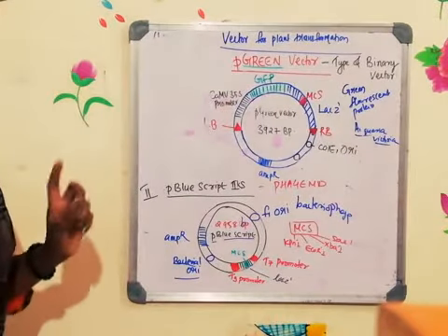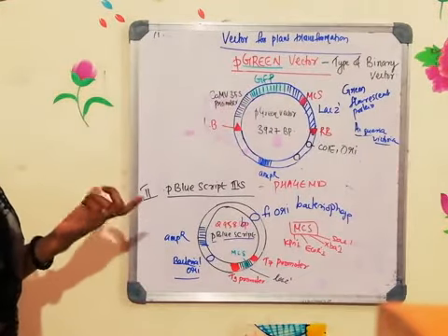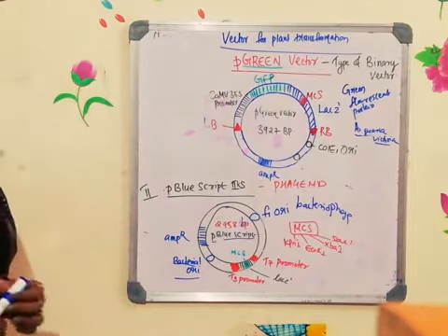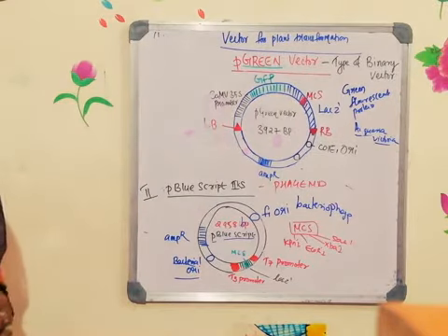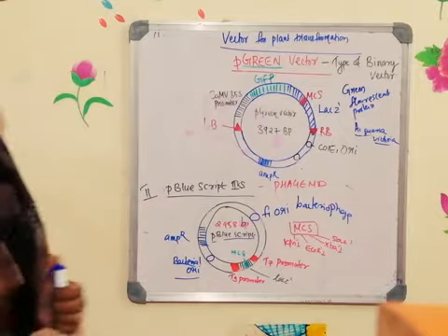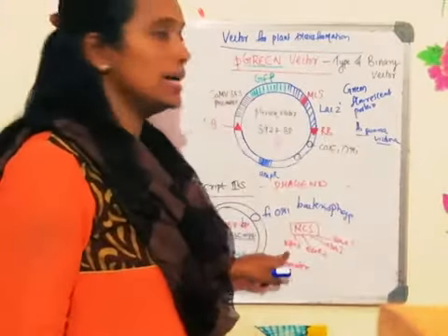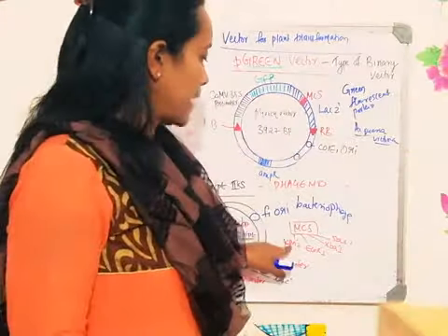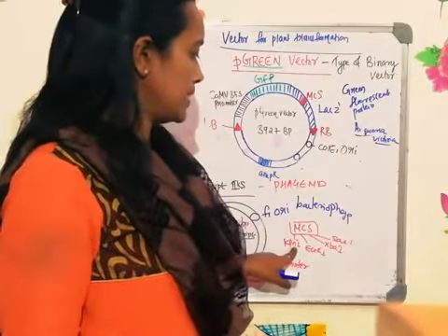KpnI is a restriction enzyme which is isolated from the bacteria Klebsiella pneumoniae. Have you heard of this bacteria, the causative organism of pneumonia? From that, this particular restriction enzyme is isolated.